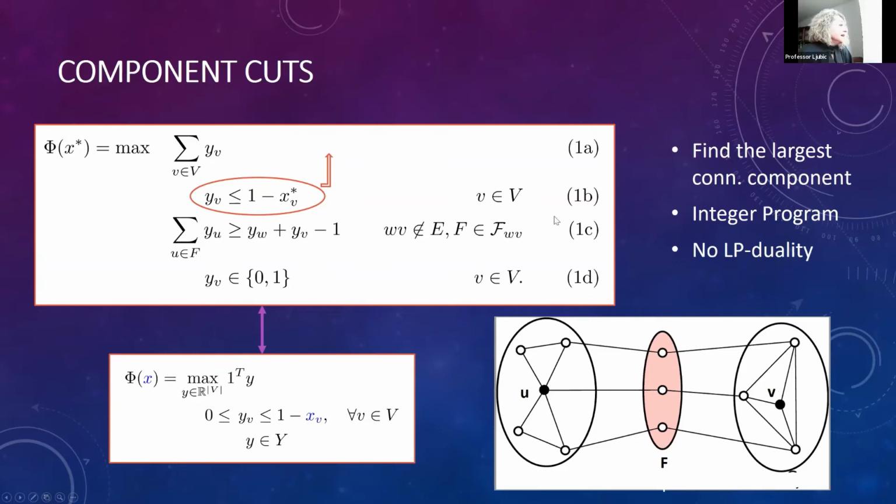We say the vertex set F is a node separator for the vertices u and v if any path from u to v has to cross at least one of the vertices from F. And so these are node separator inequalities saying, in that case, if u and v are both in the connected component, then at least one of the vertices from F must be taken as well.